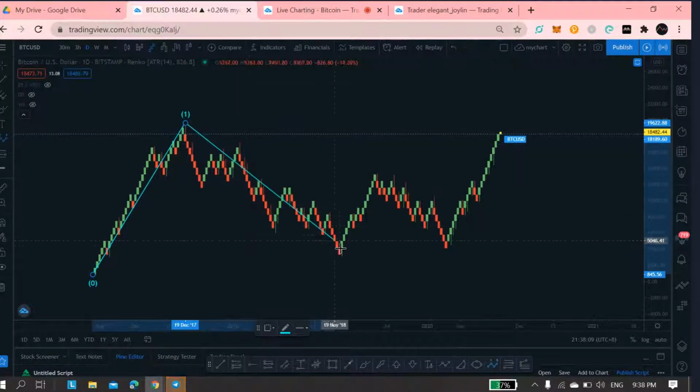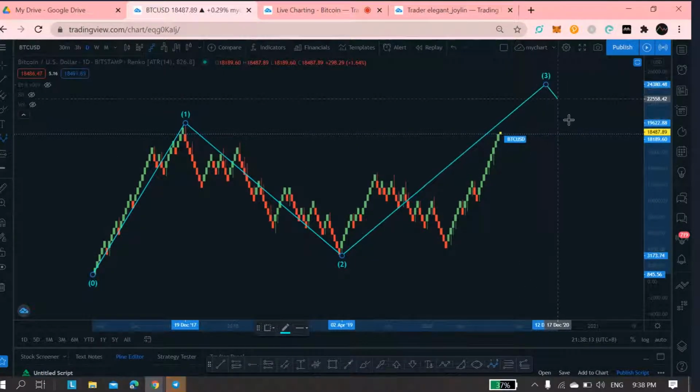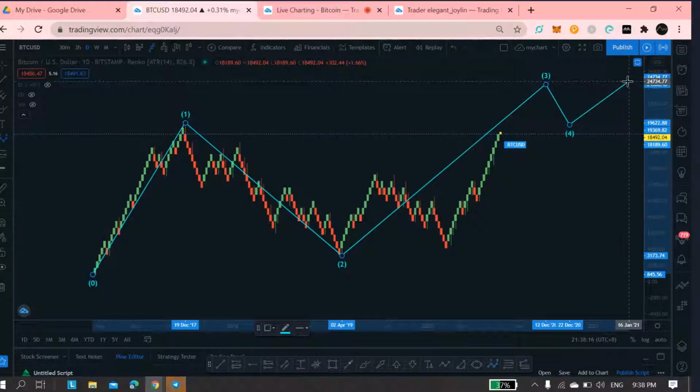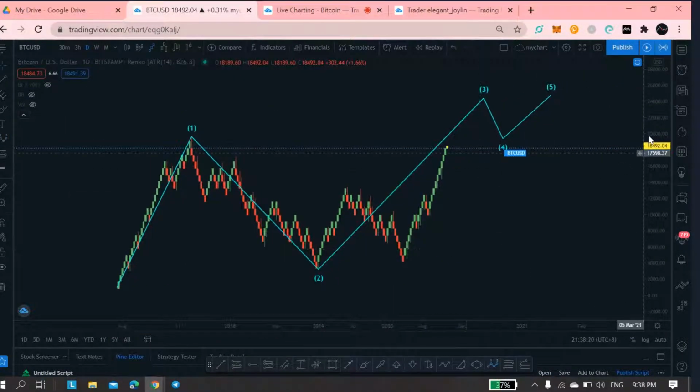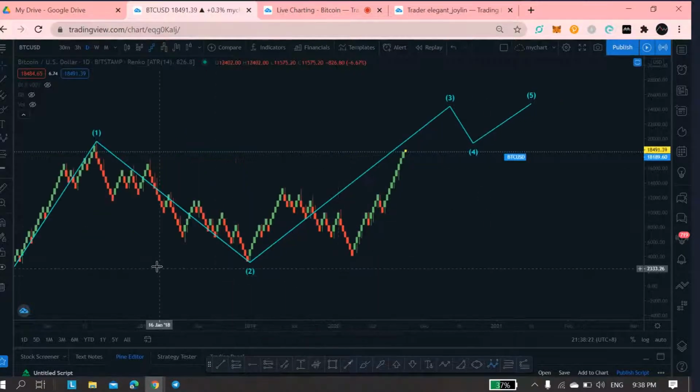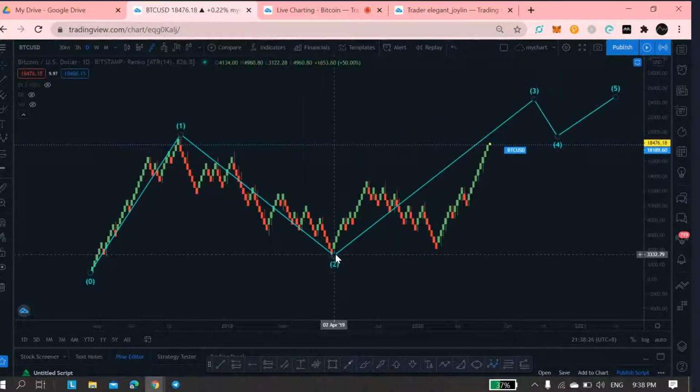So 1 is the start, as the wave 2 should not be lower than the start of wave 1.